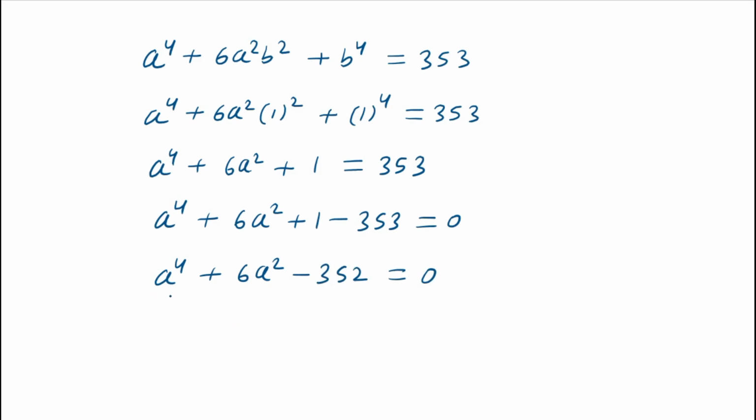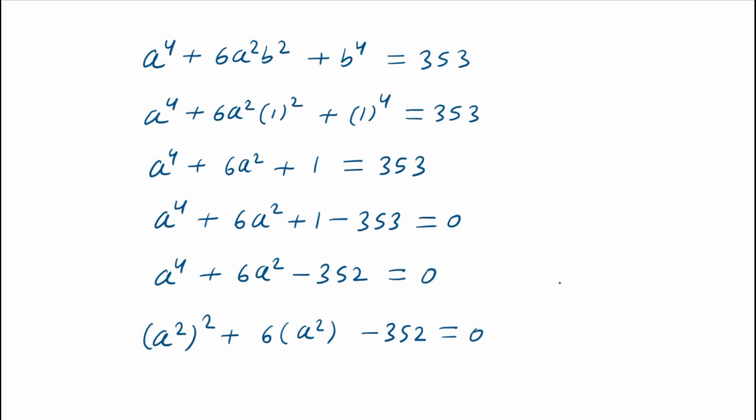Look carefully here, a^4. We will write this a^4 as (a^2)^2 + 6a^2 - 352 is equals to 0.